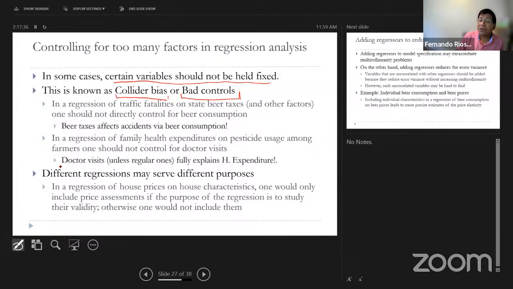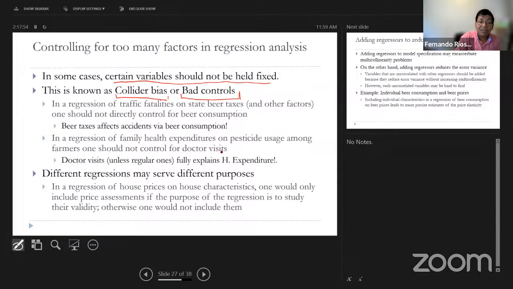Also keep in mind that different regressions might serve different purposes, because in some scenarios, you might want to include all these variables if what you are trying to do is prediction, for example, or testing how good your prediction model is.